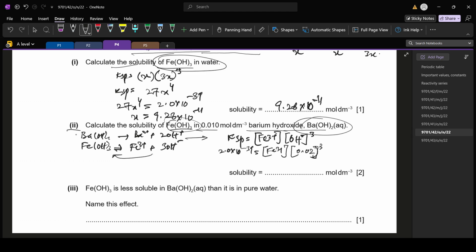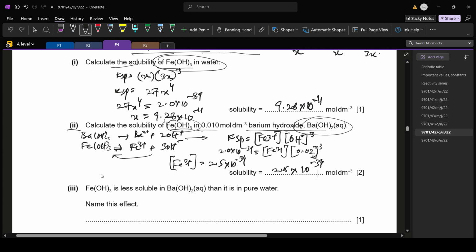Because the concentration of barium hydroxide is 0.01, and it forms 2 moles of hydroxide ions, so it becomes 0.02 mole per dm cube. From this equation you will find the solubility of iron 3 hydroxide in barium hydroxide. So it will be 2.5 into 10 to power minus 34, sorry, minus 34.